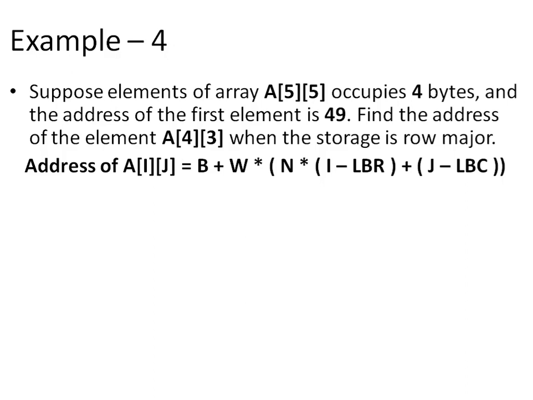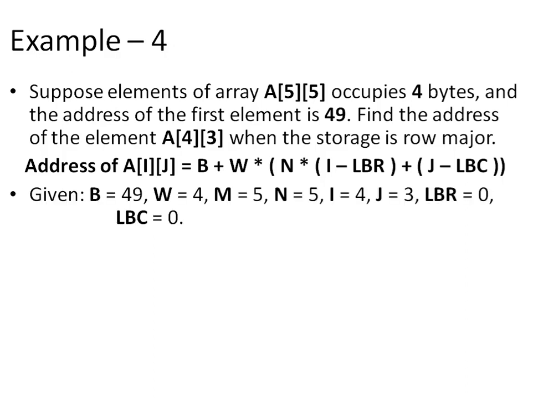So the formula to be used is written here, that is the formula for row major order, and the values given are B equals 49, W equals 4, M and N are equal to 5, I equals 4, J equals 3, and the lower bound for row as well as column is 0 as nothing is specified.